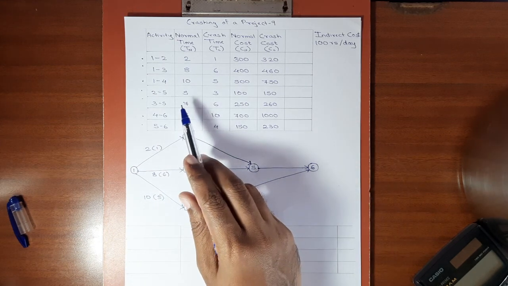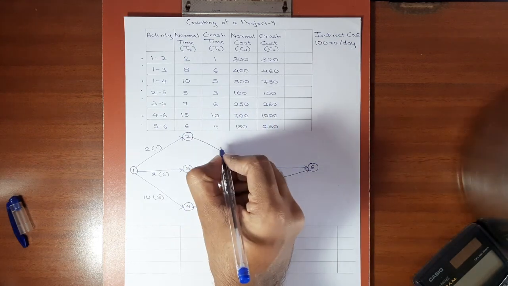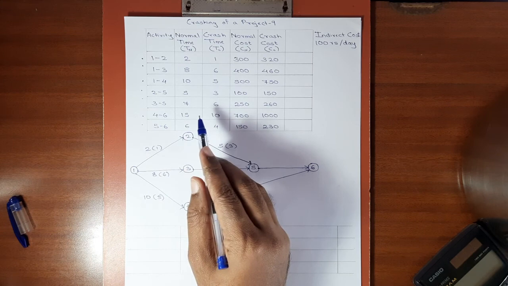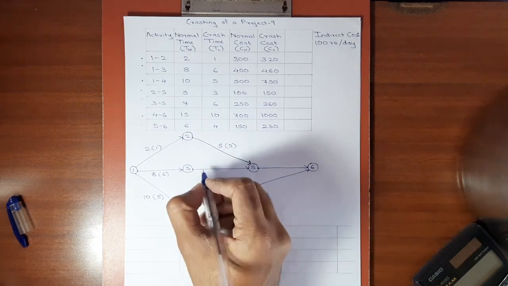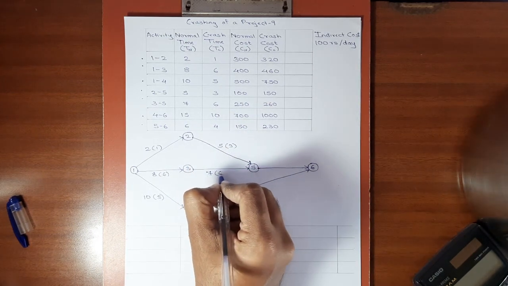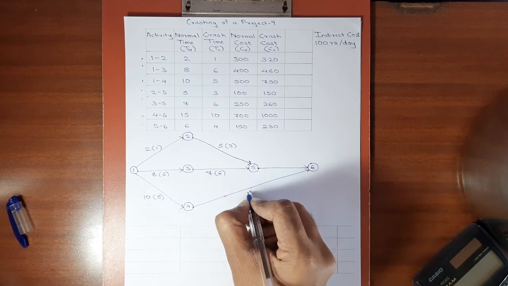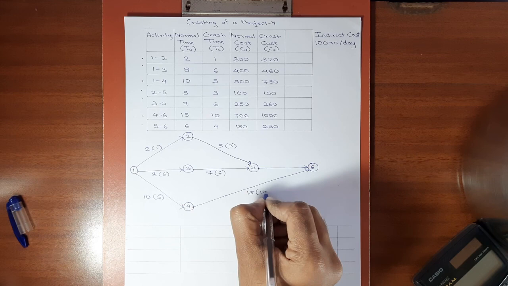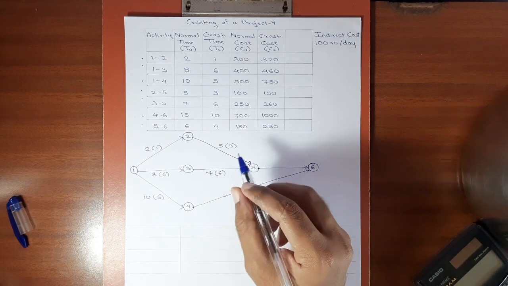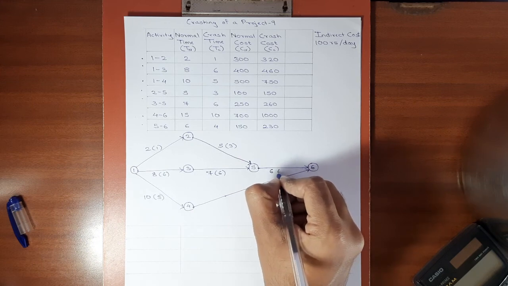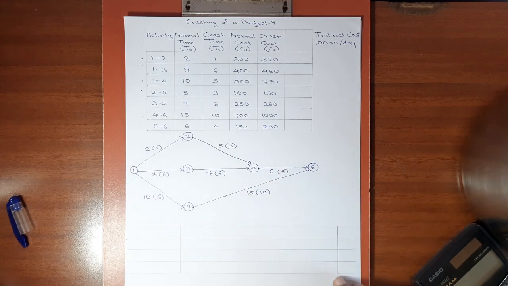For activity 2, 5, normal time is 5, crash time is 3. For activity 3, 5, normal time is 7, crash time is 6. For activity 4, 6, normal time is 15, crash time is 10. And for the last activity, activity 5, 6, normal time is 6, crash time is 4. Okay, the network diagram is complete.